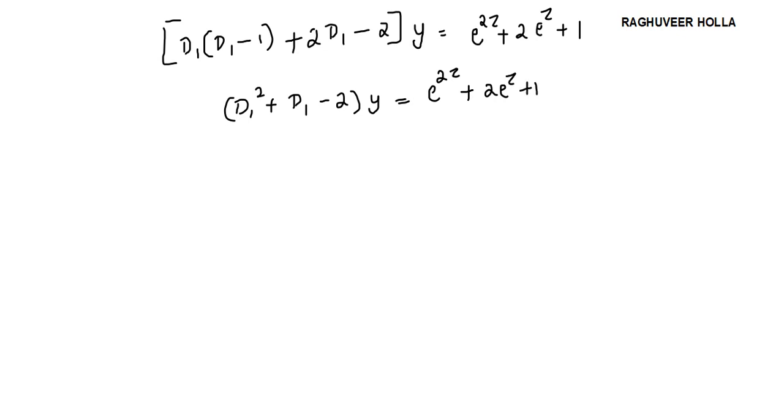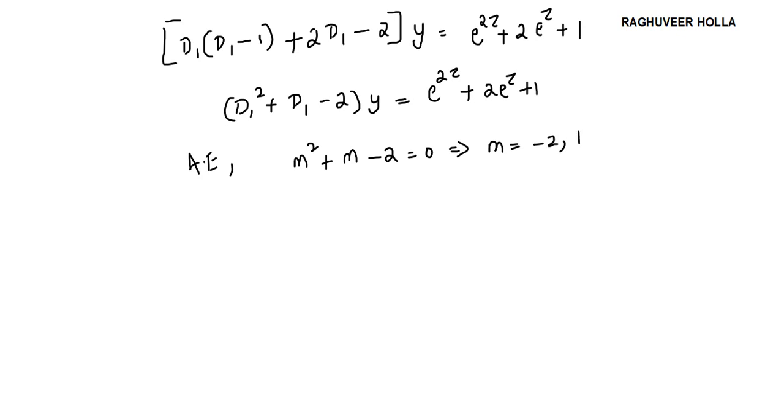Now this being a second order differential equation and it is non-homogeneous, let us first find the auxiliary equation corresponding to this. So that would be m square plus m minus 2 equal to 0. Since it is a quadratic equation, I get two roots, that is minus 2 comma 1.